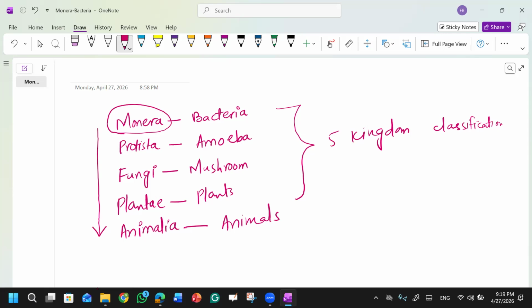Then, according to biologists, complexity increased and different organisms formed, just like amoeba. Then the complexity increased and you have fungi. Then you got the plants, and then the kingdom Animalia.